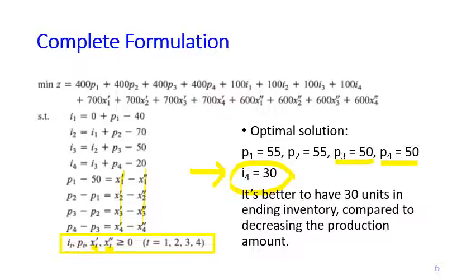In this example, this solution is better because if you decrease the amount of production, you need to pay $600, while if you have ending inventory, you just need to pay $100 for each unit of motorcycles that you have left. So you see that the effect of the production smoothing cost is that now the solution tries to make the production level from one period to the next period as smooth as possible. So it tries to have an equal amount of production from one quarter to the next one.